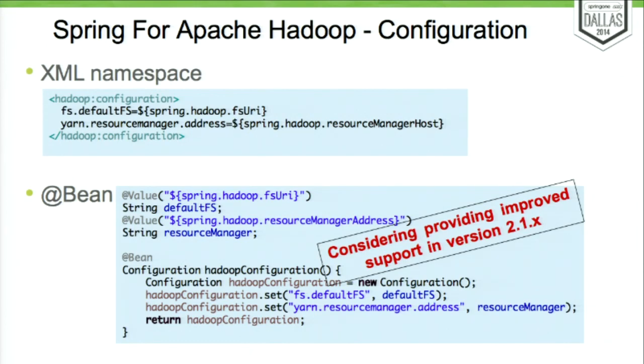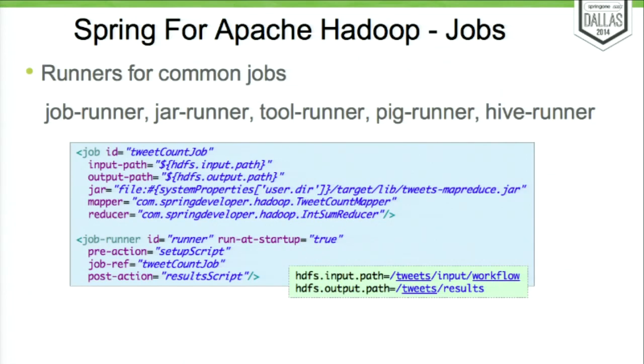And if you have suggestions, we're more than welcoming either Jiras or GitHub issues if you have ideas for what you want to see supported. And so most of the examples I'll be using the XML style for configuring the jobs.